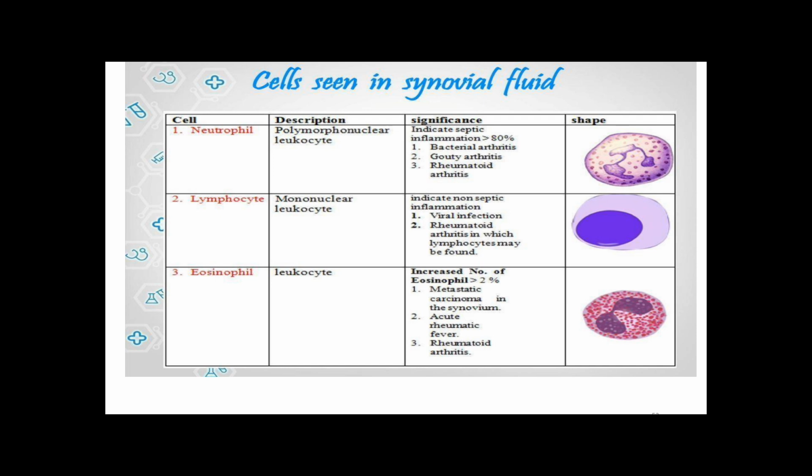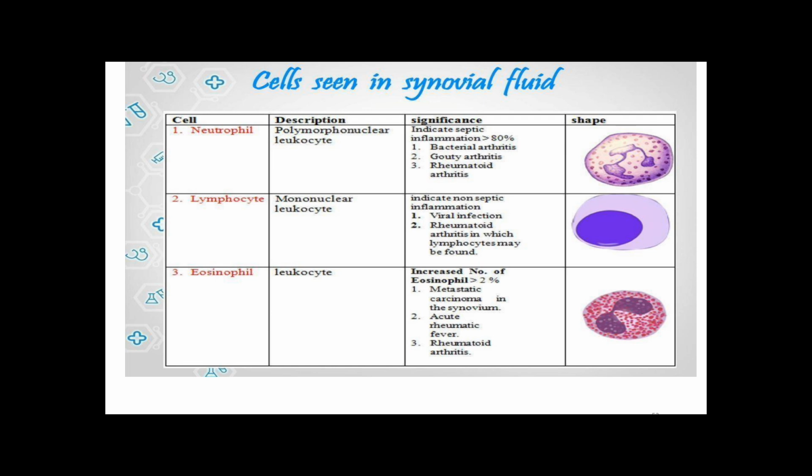This is also a leukocyte, a bilobed leukocyte. Its number increases to more than 2% due to metastatic carcinoma in the synovial fluid. Right, the other one is acute rheumatic fever.